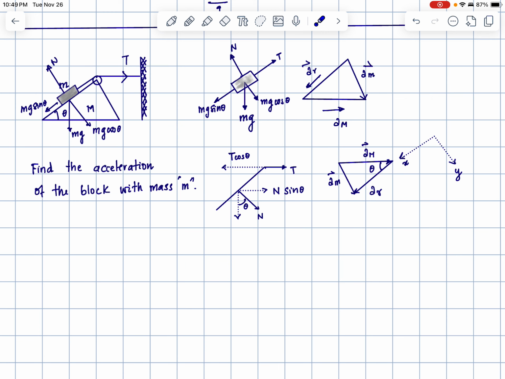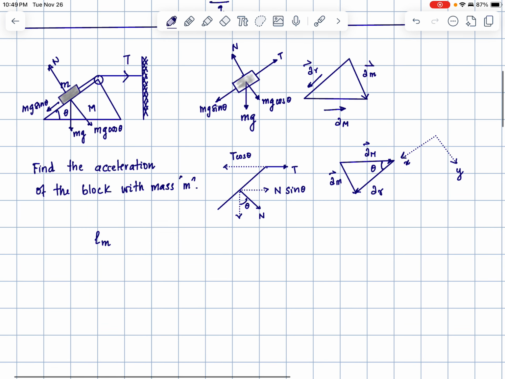Okay, so therefore, if you denote the distance by which the little block has slid by L_m, okay, and the distance by which the big block has slid by L capital M, okay.